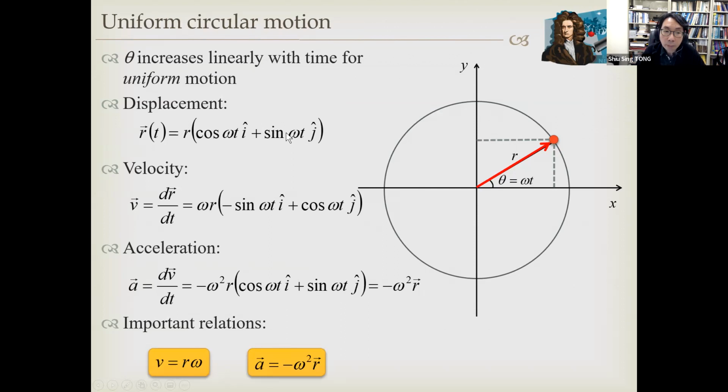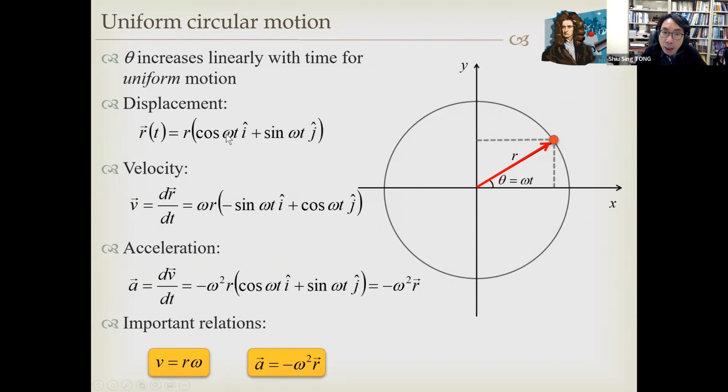Okay. And the velocity, the linear velocity, and the linear acceleration can be found by direct differentiation of the displacement, the position of the particle. So a straightforward differentiation will lead to this result.